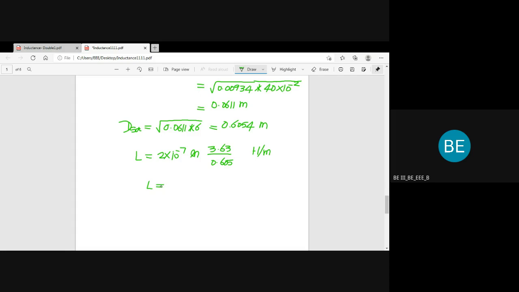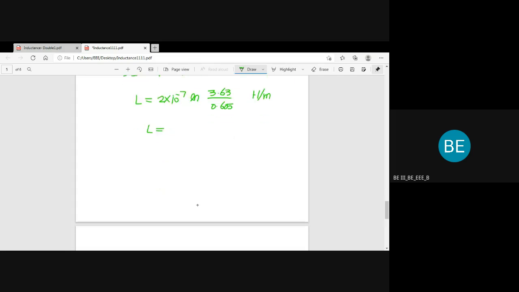So what is the inductance value? 0.358 millihenry per kilometer.